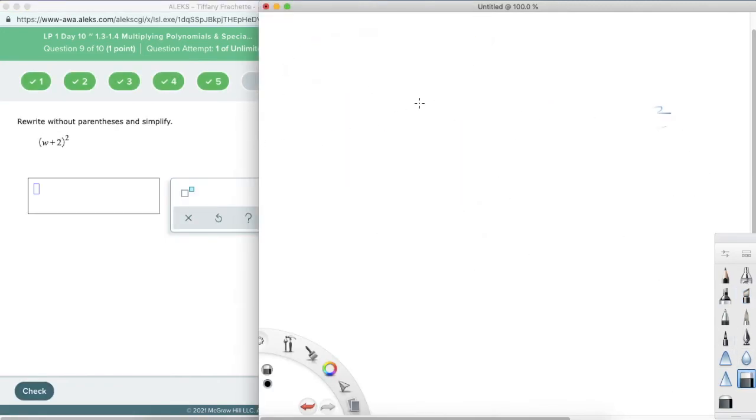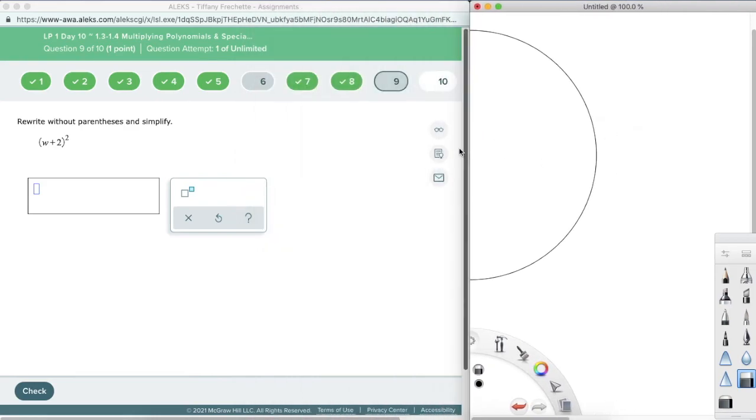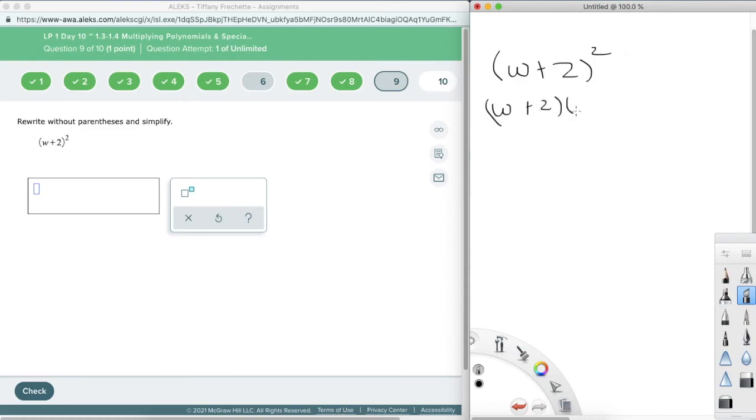Now we have a little bit of a different one. This one is w plus 2 squared. So remember, this means w plus 2 times w plus 2, like that. So if I go through and do that same thing I've been doing, I take my w and multiply it, so I have w squared, and then plus 2w.